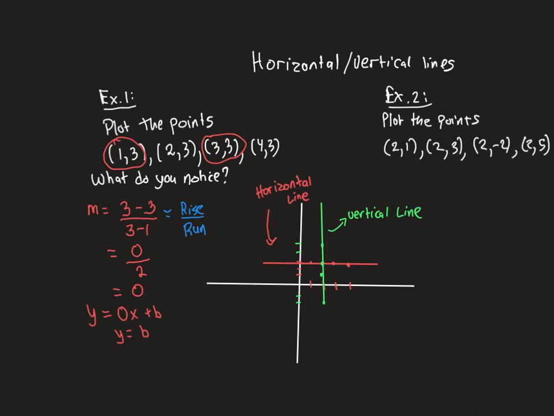So y is equal to the y-intercept, which in this case, if every single y value is going to be 3, then you can assume that my y-intercept should happen at (0, 3), right here. Which means y should equal 3. And that's the equation of my horizontal line. As for the slope, in horizontal functions it is always 0.